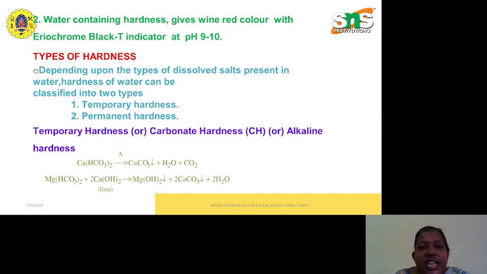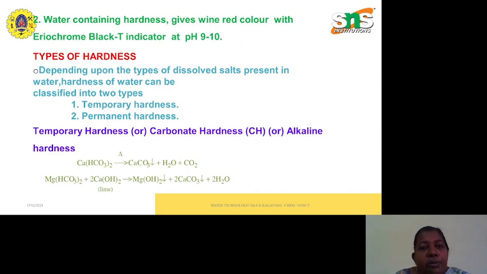If 50 or 100 ml of the water sample is taken in a conical flask, we add 2 drops of EBT indicator. If the water contains hardness, it is automatically converted into wine red color. The color change is the main indication of hardness. This is the method to identify hardness in our laboratory classes.